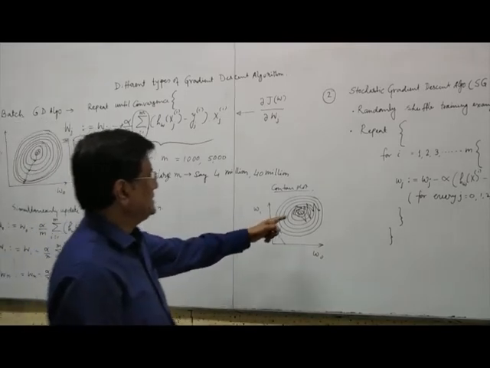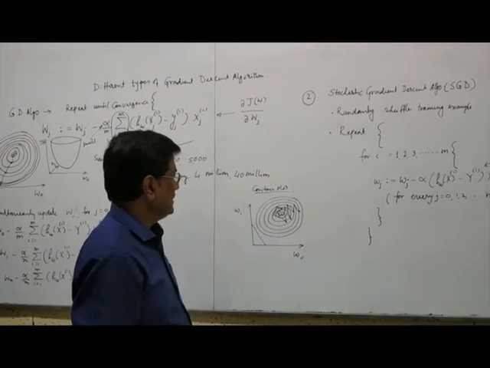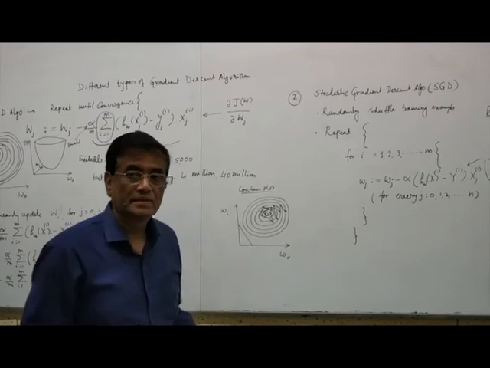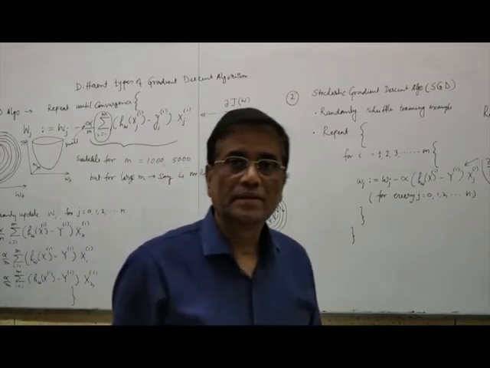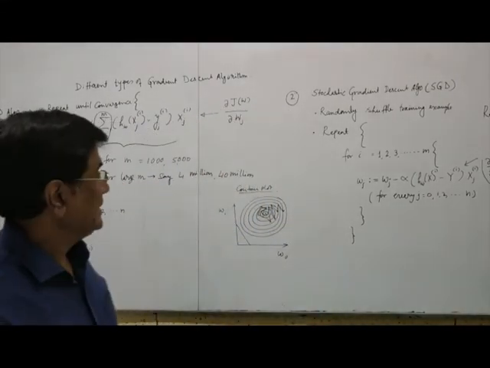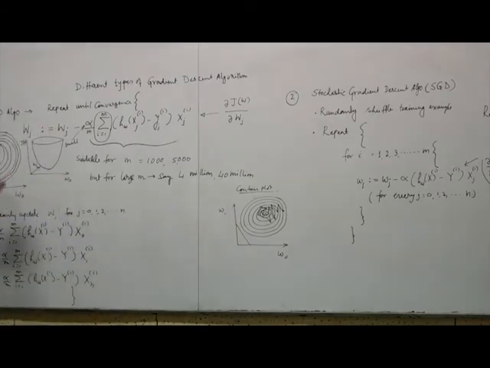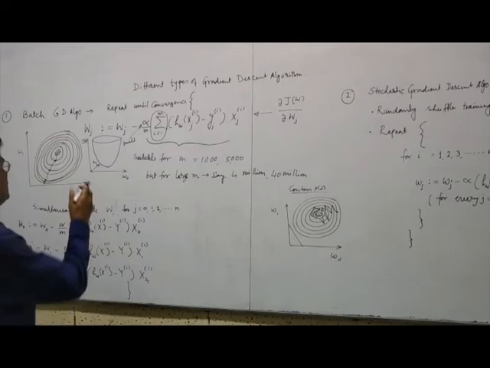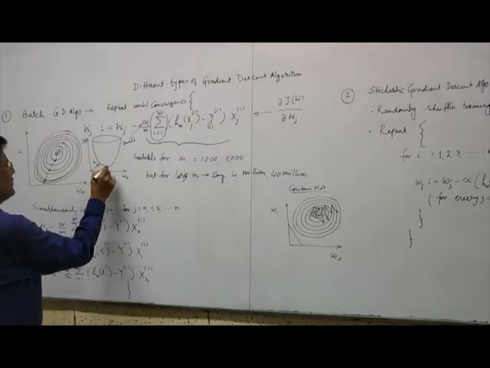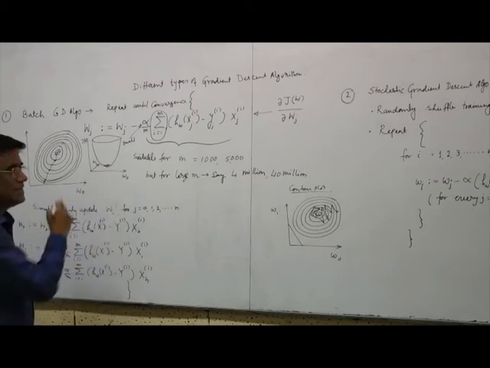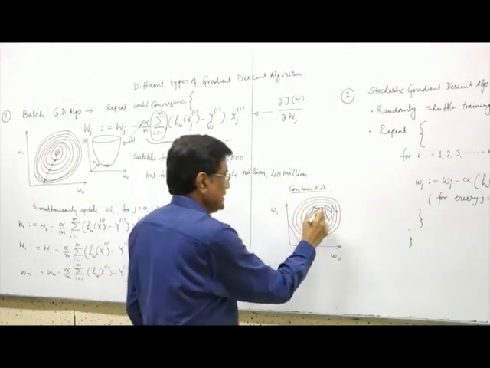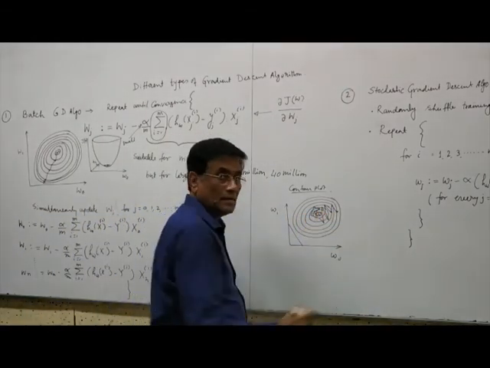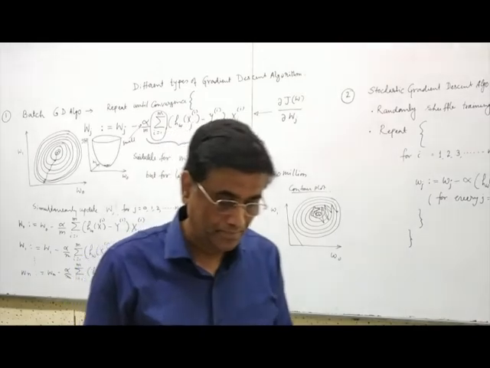So in a very zigzag fashion, it may reach nearer to the goal point, and it may not reach the goal point as precisely as the batch gradient descent algorithm. But well, fine, what is the harm if my problem permits that I reach somewhere in the vicinity of the minimum point?